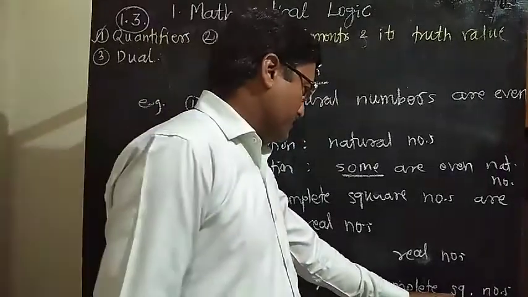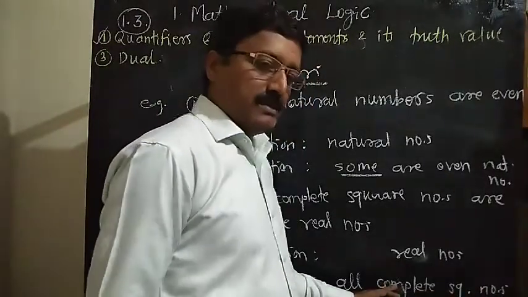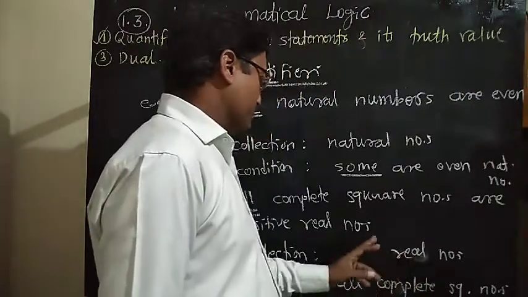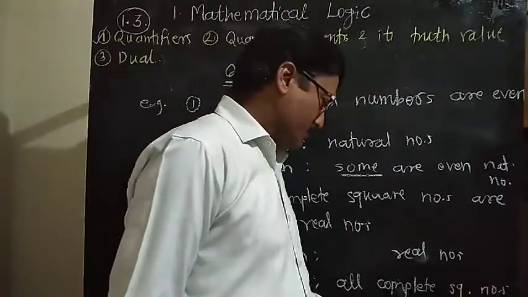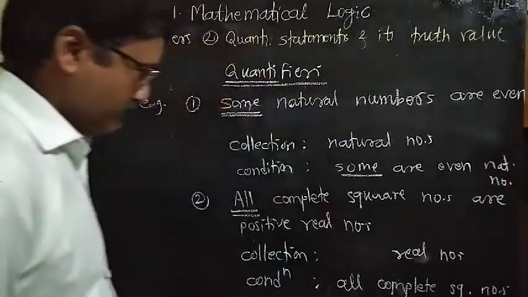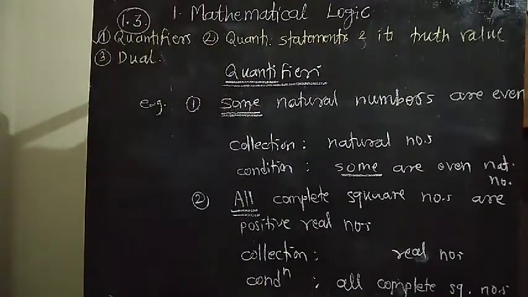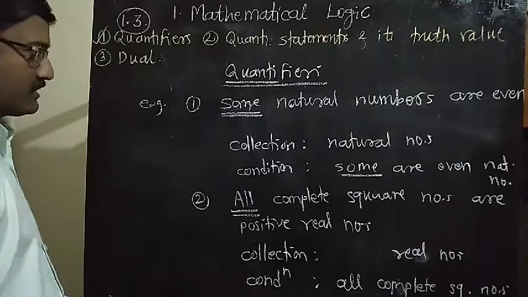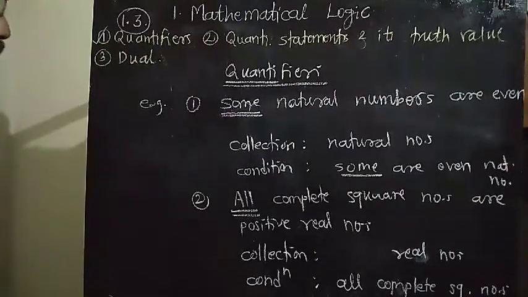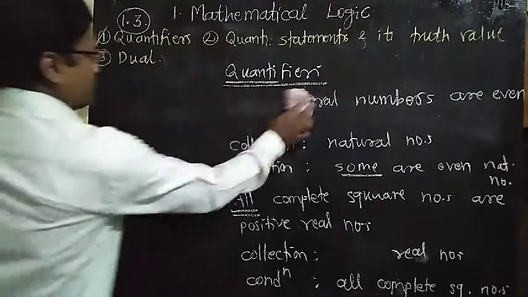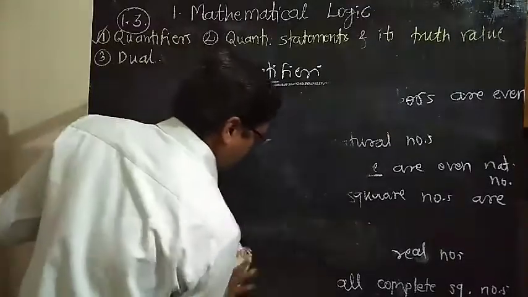If a number is not a complete square, then it may be negative or positive. But if it is a complete square number, then it is always positive. So these are the examples related to quantified statements. Let us see some more examples.